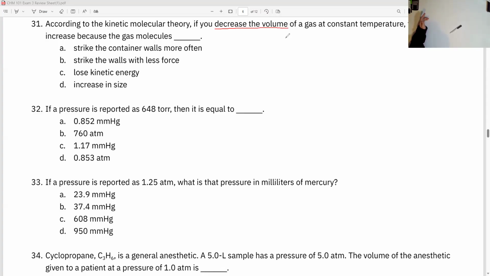And the more times they find the walls, the more times they're going to impact the walls of the container. And every time that they impact the walls, they're going to create pressure. So choice A describes the reason why there's going to be a pressure increase: the gas molecules are going to strike the container walls more often. And this is going to cause an increase in that pressure value.